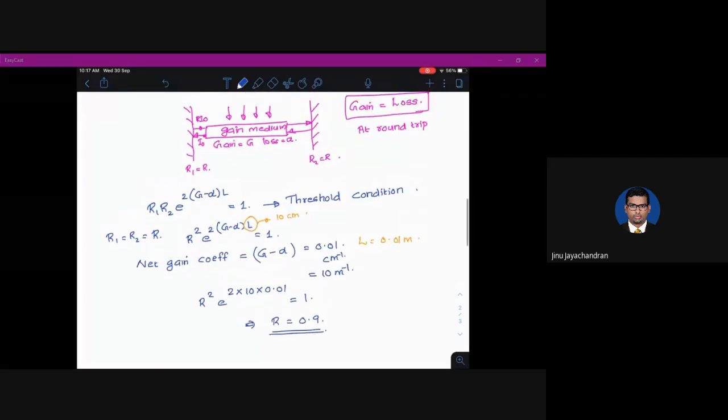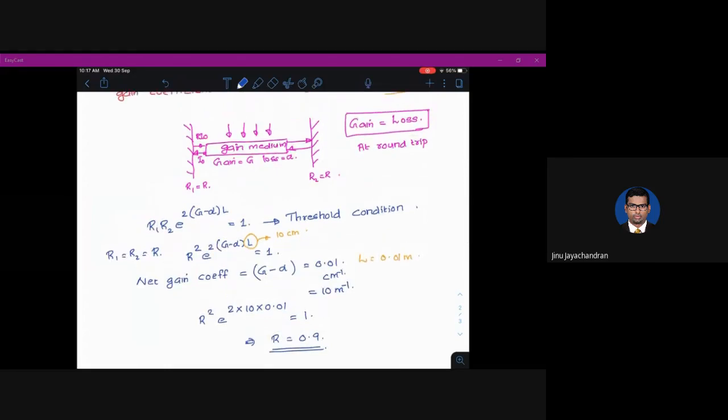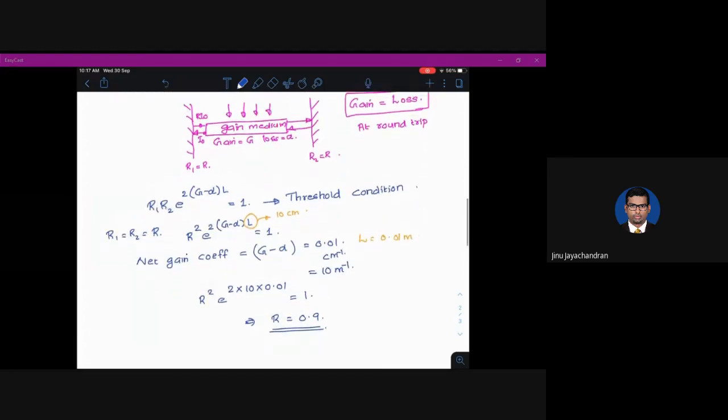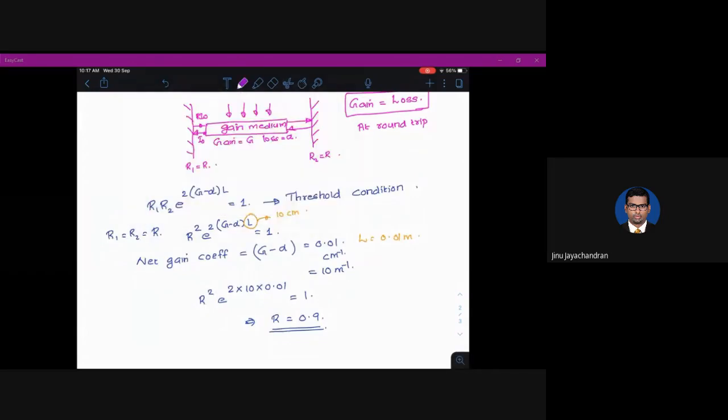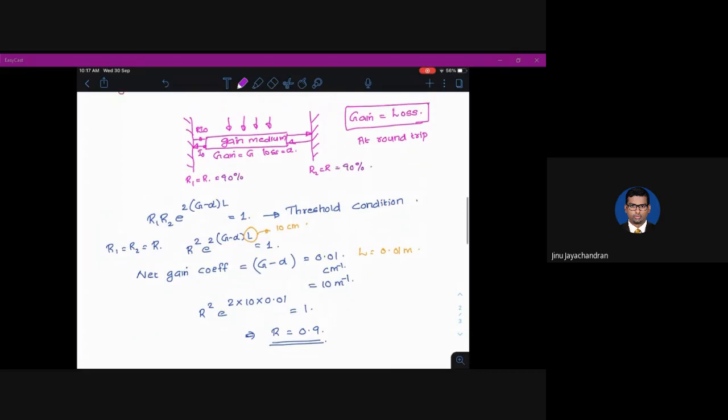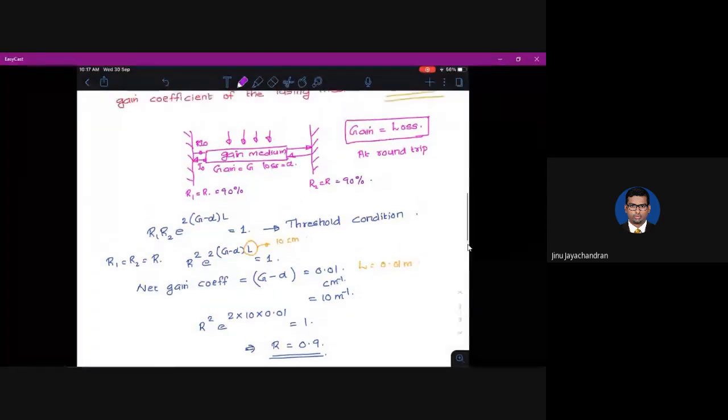Now let's understand what it means. 0.9 means there is 90% reflectivity in both the mirrors. What do you mean by 90% reflectivity?